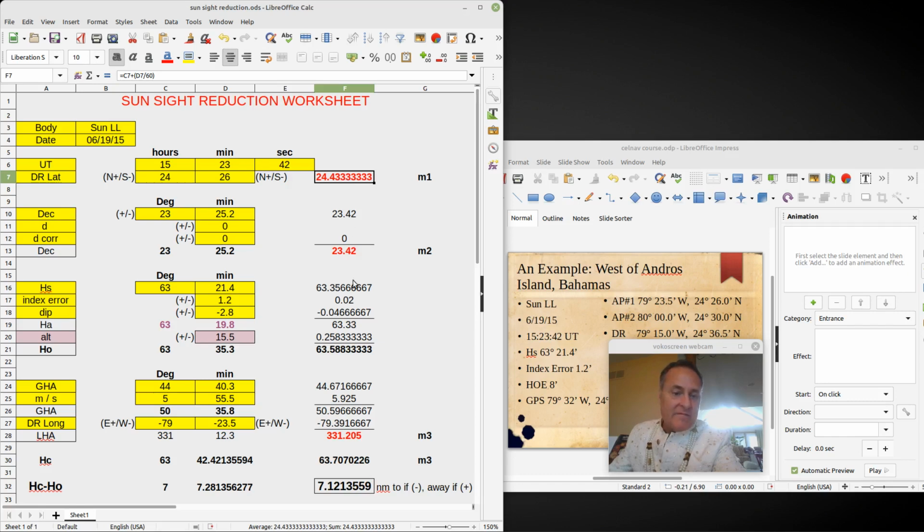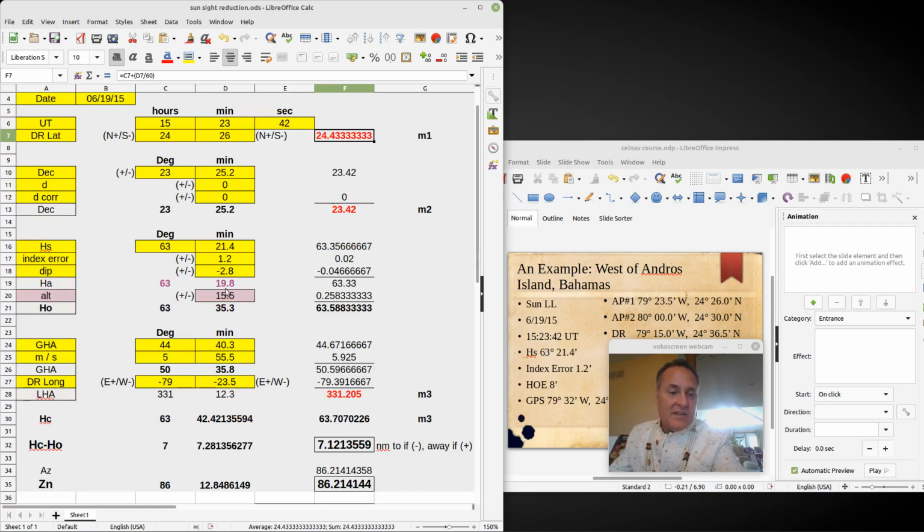And I did that for each of the values that are needed so that I could do the calculation not by adding minutes, but by adding decimal whole degrees. So all my calculations are done on this side of the spreadsheet by converting everything to decimal, or whole degrees in decimal form.